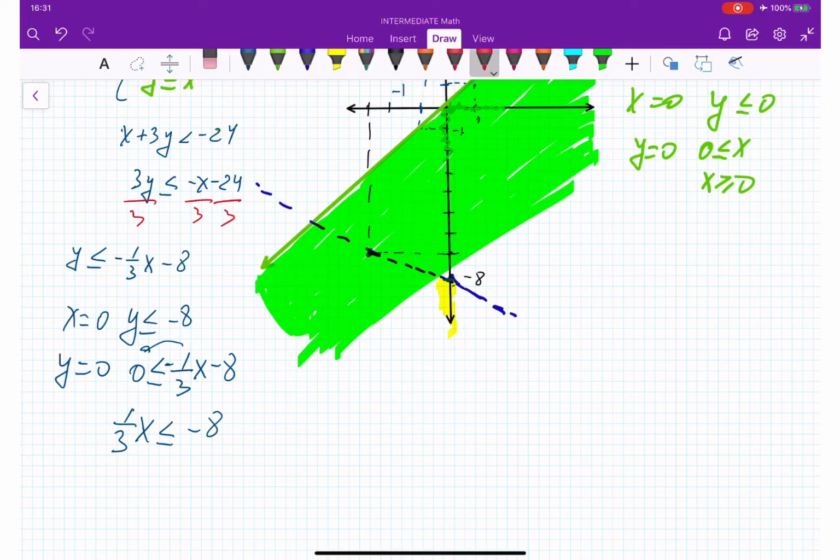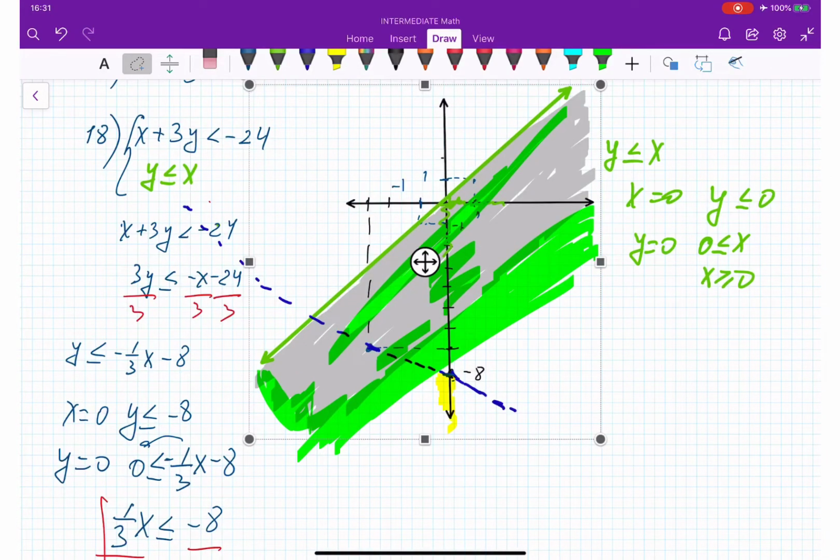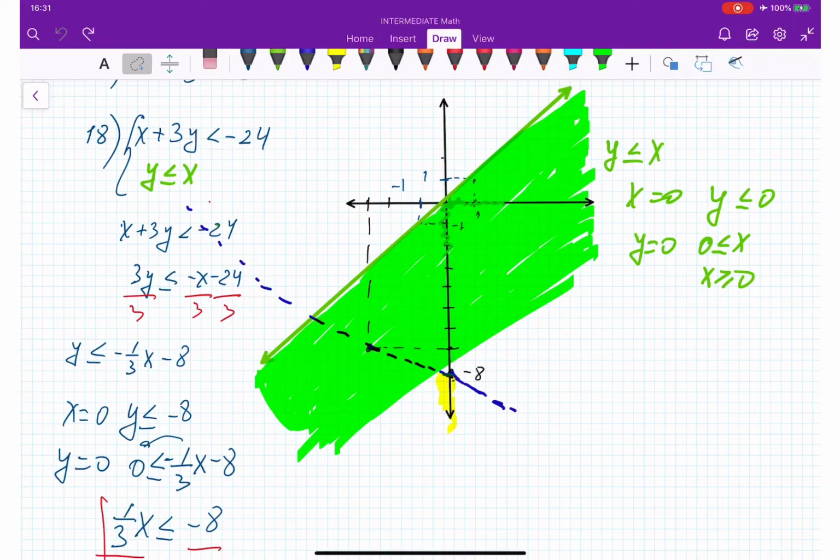And dividing by 1/3, our point is going to be somewhere this way, because if I continue this, it's going to go like that. So it's going to be somewhere here.